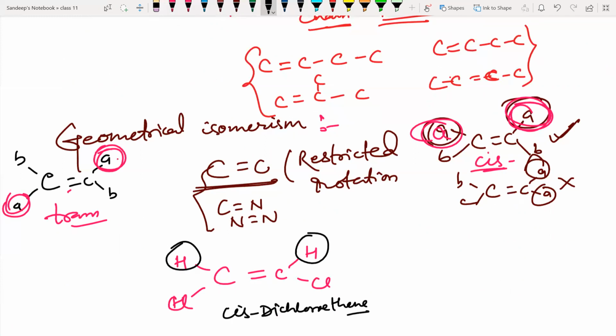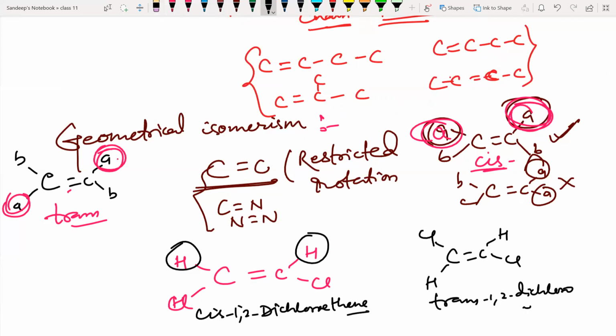That will be better because two chlorines are attached to two different carbons. The trans form of this is HCl, ClH. So this is called trans 1,2-dichloroethene. So this is called cis-trans isomerism. In cis, the groups are on the same side. In trans, the groups are on the opposite side. So note down.